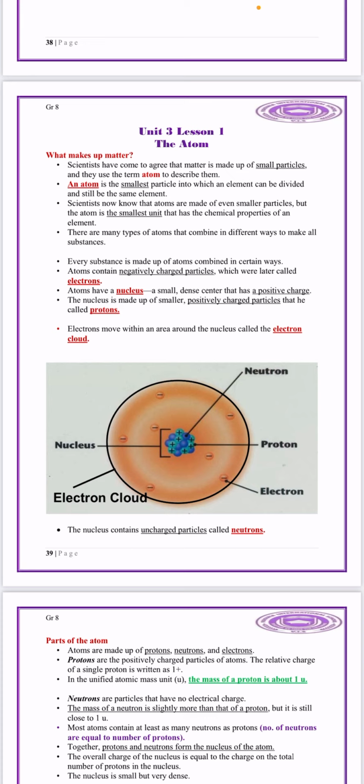And outside the nucleus, we have negatively charged electrons that are rotating in the electron cloud. So inside the atom, we have proton, positive charge, neutron, no charge, and electron, negative charge.